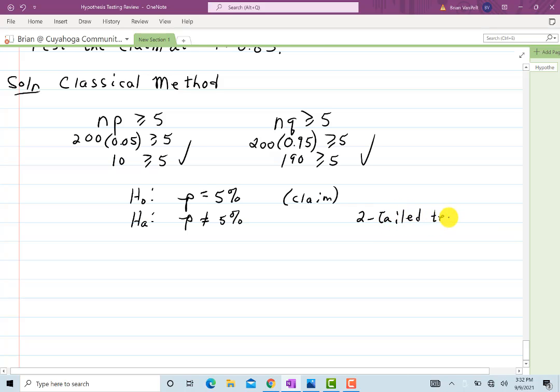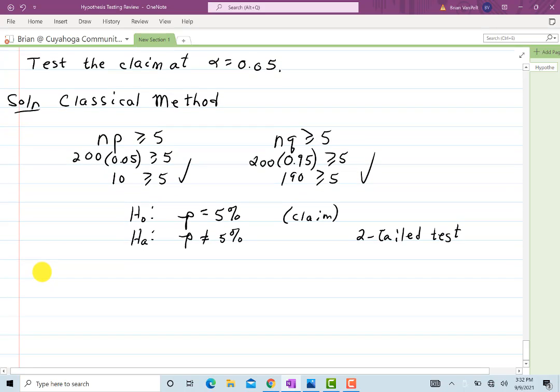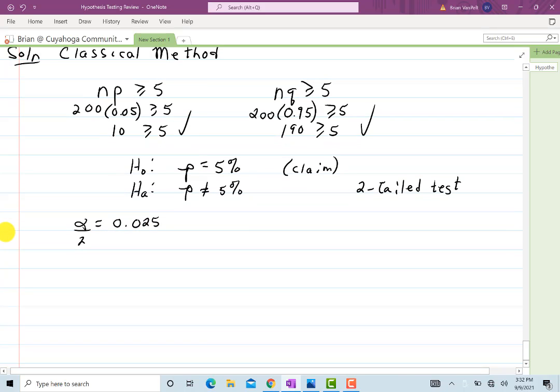Well, in the classical method, that means I've got to take whatever alpha they give me and divide it by 2. So my alpha over 2 will equal 0.025. And so if I want to make use of the table, I have to do 0.5 minus 0.025, that equals 0.475, and now I'll go ahead and use the table to find out my z value.